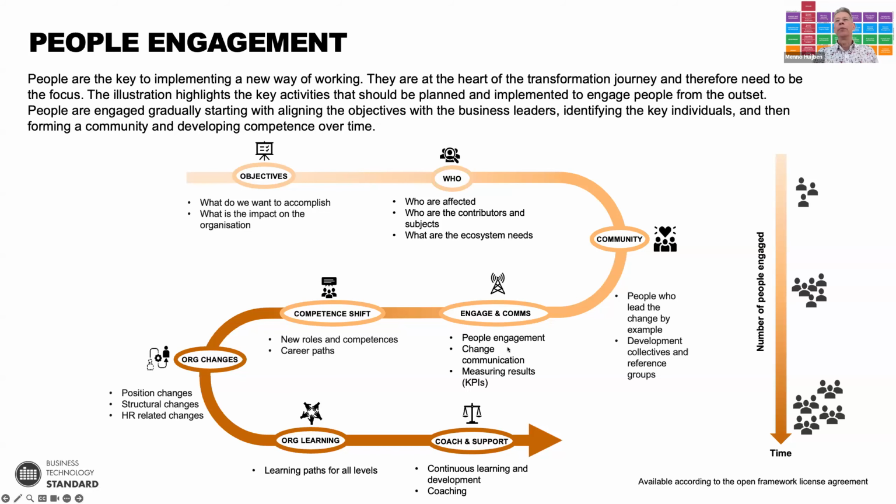You can start to already put some KPIs in place. There might be some changes in new capabilities, new competences you need. New people might get new roles, and career paths you have to think about.